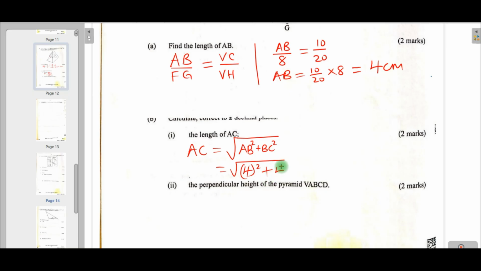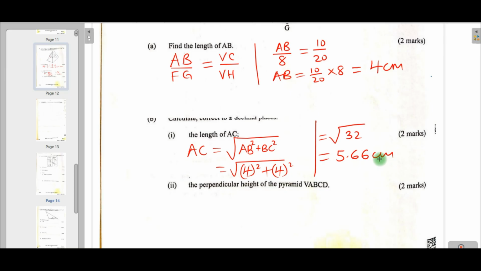BC is also 4, we square it, and therefore we end up getting square root of 16 plus 16, that is 32. We need to give the answer to 2 decimal places, that will be 5.66 centimeter, and that is the length of AC.